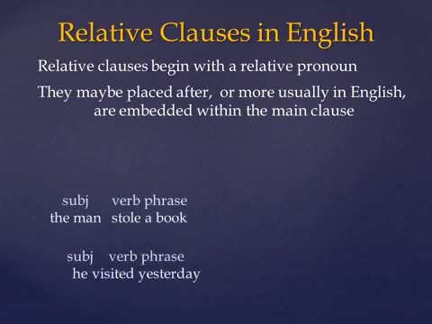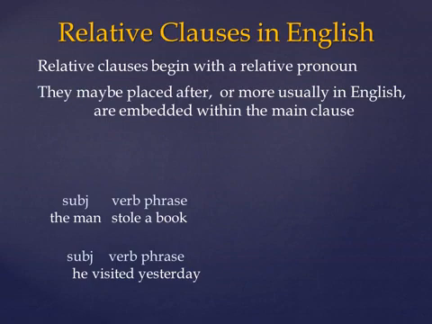The first thing to notice is that the clauses actually express two separate thoughts, which are linked by a common thing. So if we take the example, the man stole a book and he visited yesterday, we can see the subjects of both sentences refer to the same thing, the man. So it is this noun phrase, the man, that a relative clause will modify.